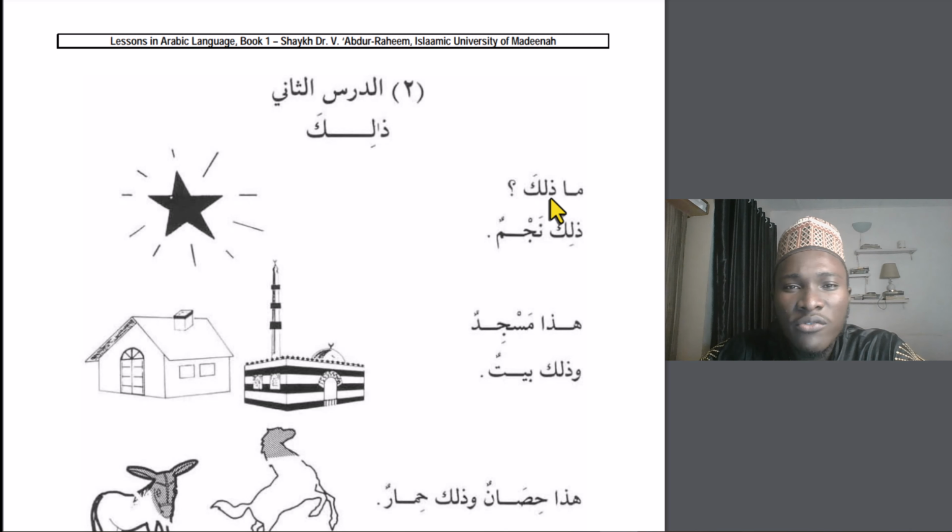That means we have the word that we use to point at something that is near, and also the word that is used to point at something that is far. Now the Mu'allif has taught us the one used for the near, which is hadha, and now he is introducing the particular word we'll use to point at something that is far away.